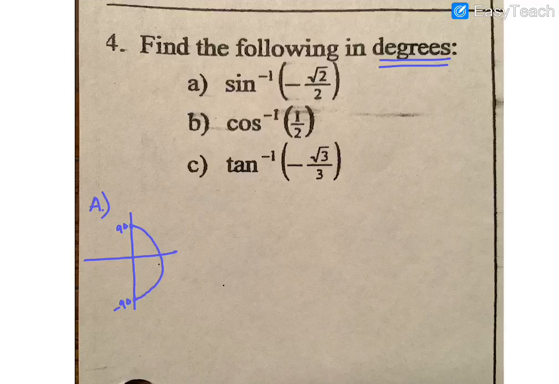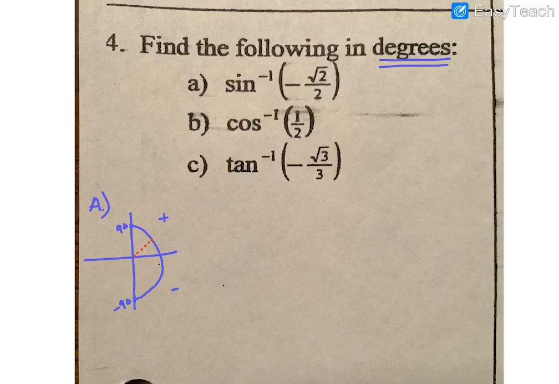When it says sine inverse of negative radical 2 over 2, well, first of all, recall that your positive quadrant is going to be up here in quadrant 1, and then sine is negative down here in quadrant 4. Think about your chart, and hopefully you remember that radical 2 over 2 happens at pi over 4, or 45 degrees. So if we wanted the positive one, we would be up here.